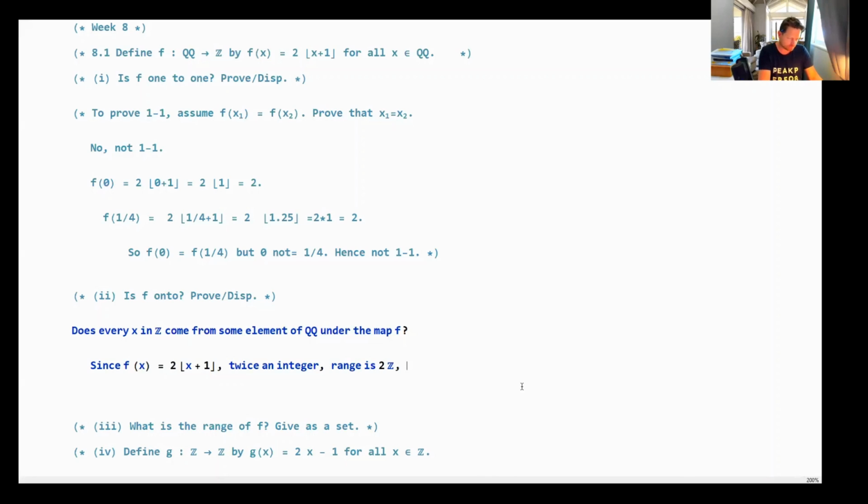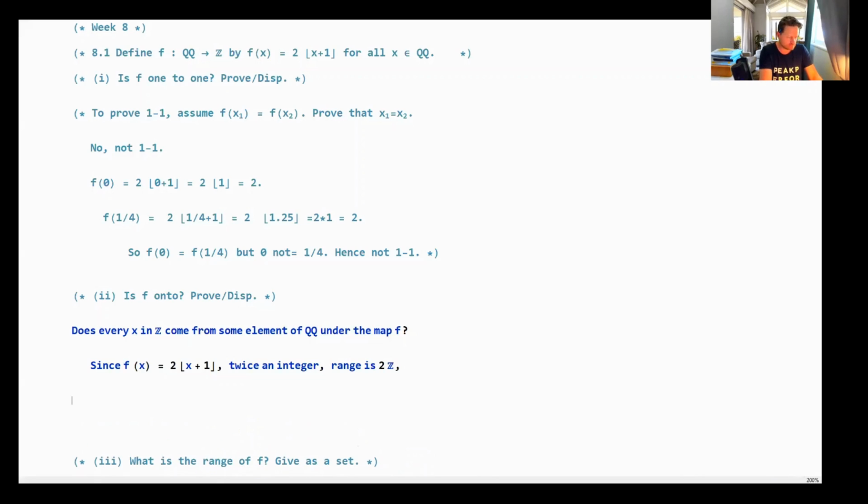Okay, so there is no x belonging to the rational numbers such that f of x is equal to, say, 3, right?